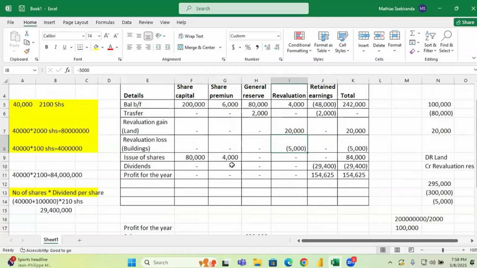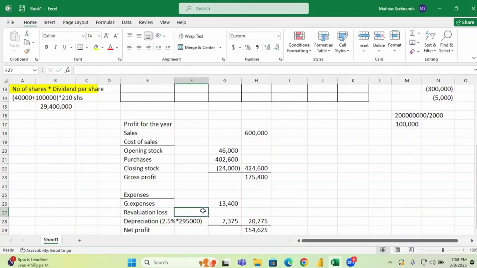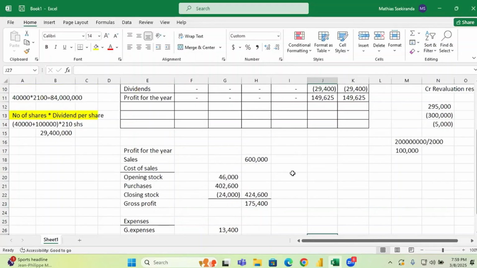For it, the standard allows us to include it because it is already realized. So therefore, our profit is 149,625.